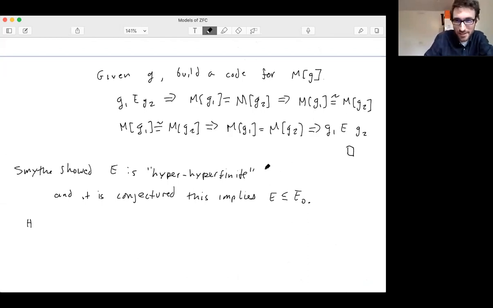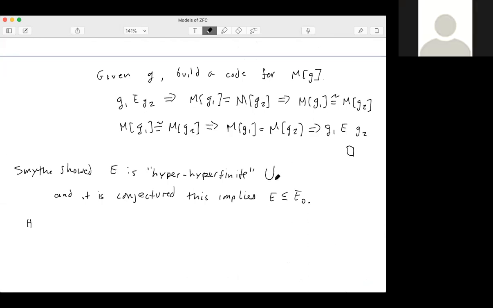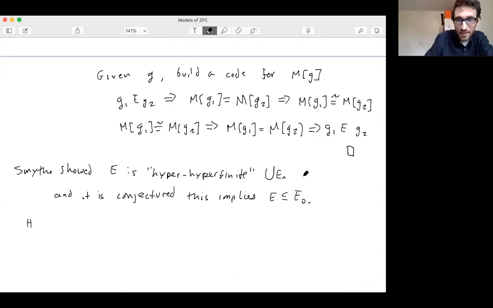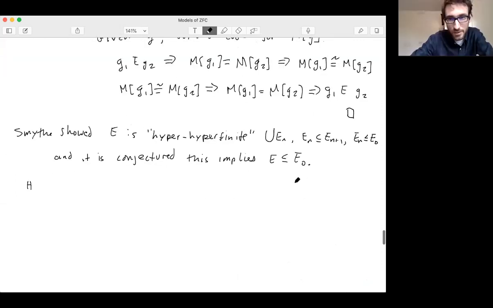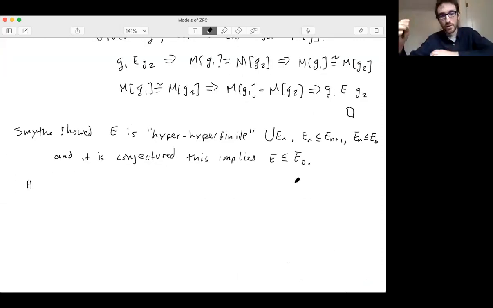It's a union of En where the En are nested equivalence relations, and they are all hyperfinite, which means reducible to E0. All right, thanks. Yeah, so it should be the next level or whatever, but no one's able to prove that it's the next level, and conjecturally it doesn't actually increase complexity.